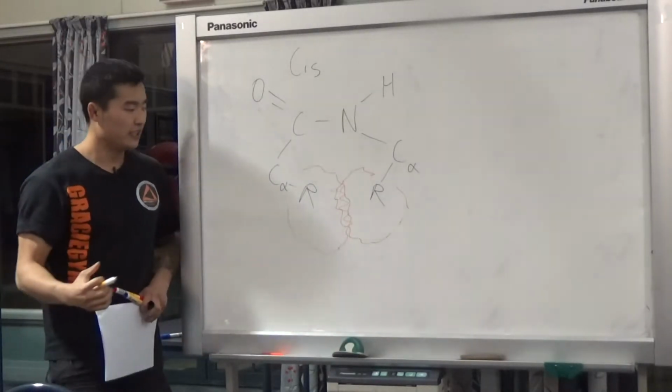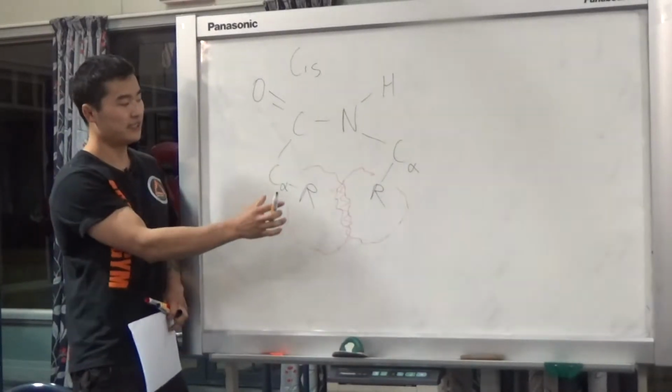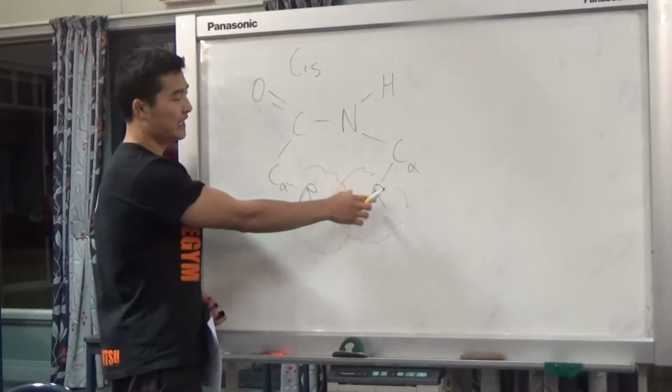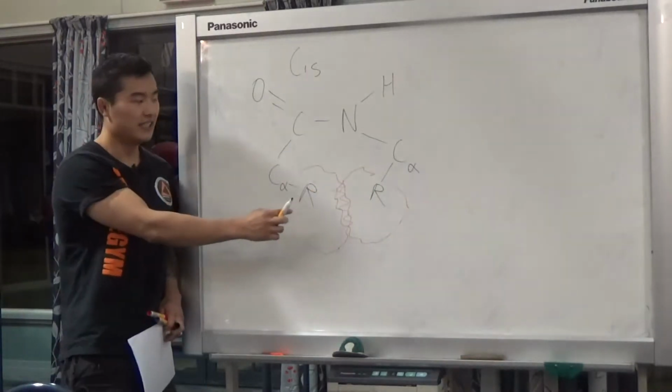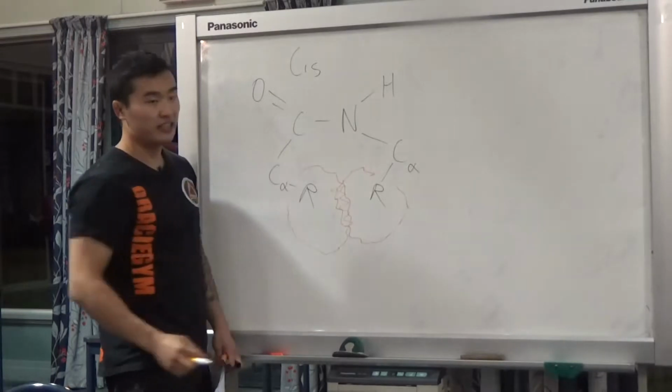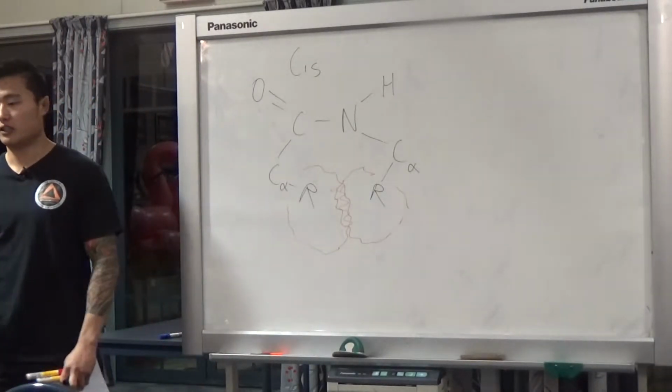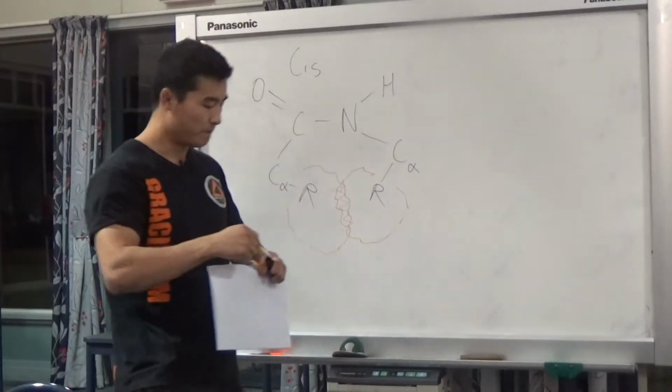The only situation where it doesn't matter whether it's in the cis configuration is if this was a glycine molecule. So remember that glycine, the R group is just a little hydrogen, so then there would not be any steric hindrance.